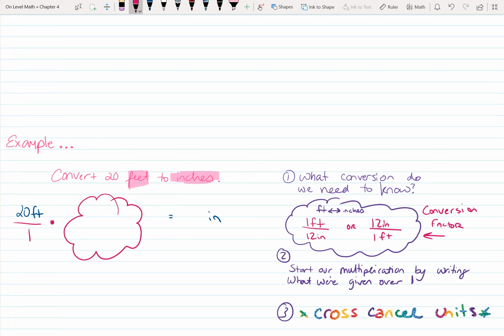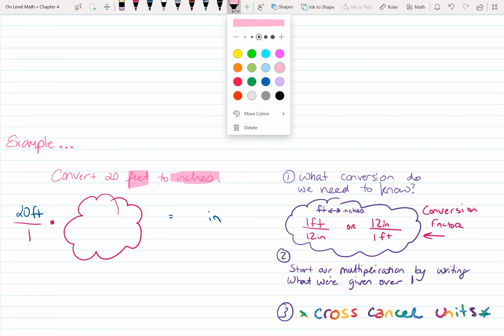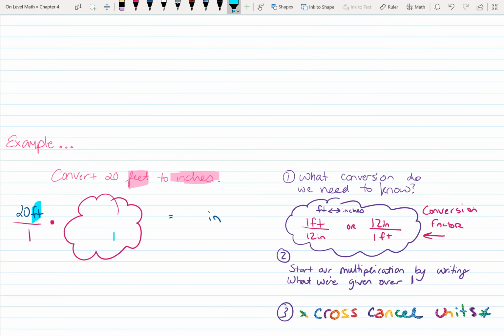So if feet is on the top here, well, then we want feet on the bottom over here, right? Just like we would cross-cancel if we had a number. So if we want feet to cross-cancel, which of these conversion factors has feet on the bottom? This one, right?